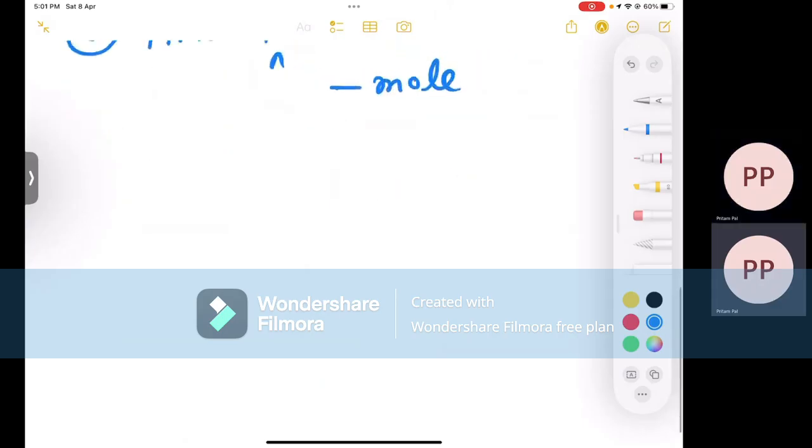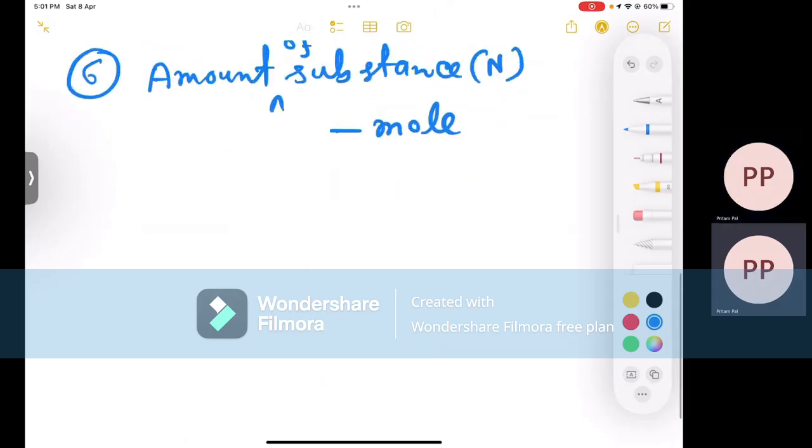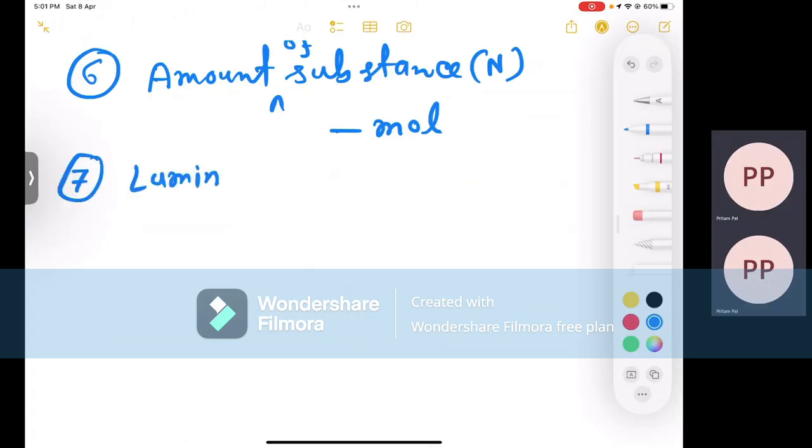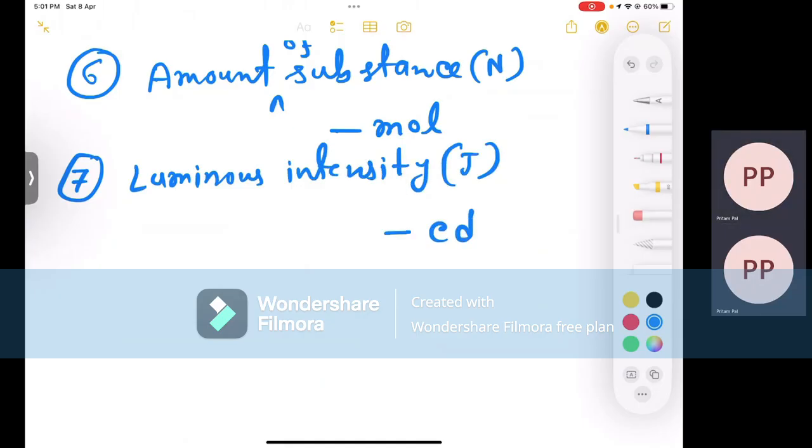Okay. And the last one is the luminous intensity, whose unit, in short, the symbol is candela, right? So these are the base units.